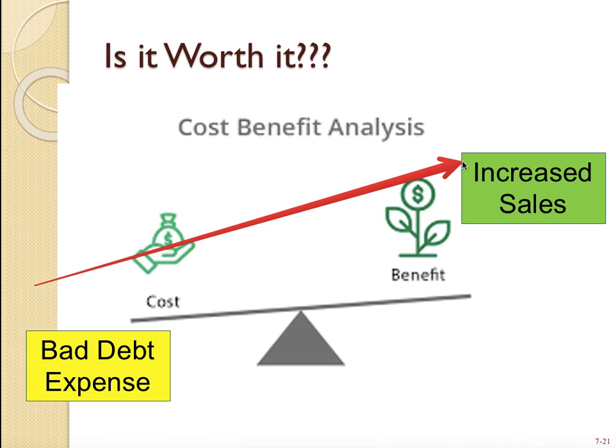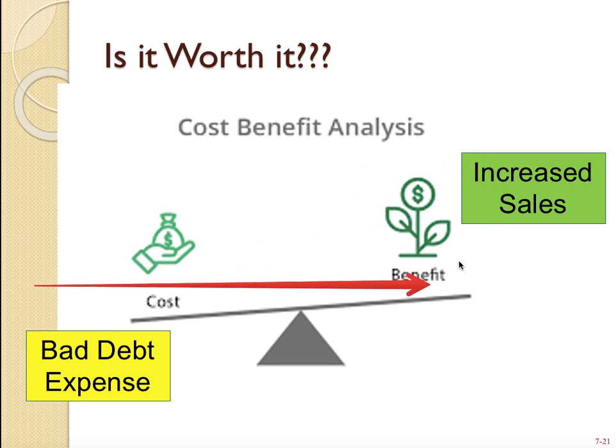Because remember, we're able to sell to a lot of customers by allowing them to buy on credit, knowing that most of them are going to pay. So that's why the benefit really is much higher than the cost. Because bad debt expense, yeah, it happens, but it's not a huge percentage. Okay, it's usually a pretty small percentage of customers that don't pay.